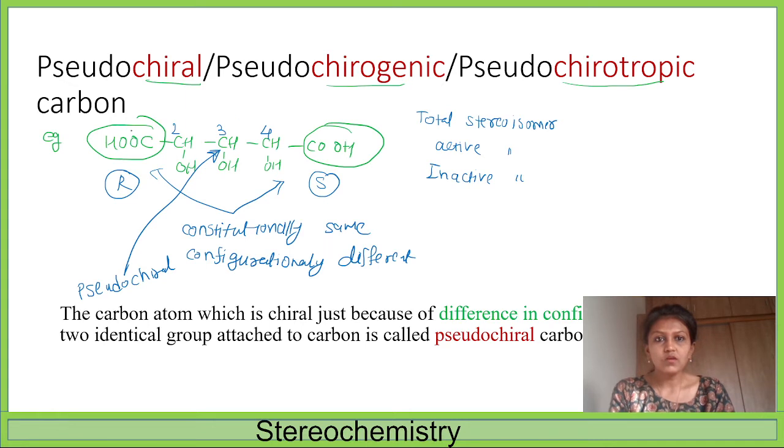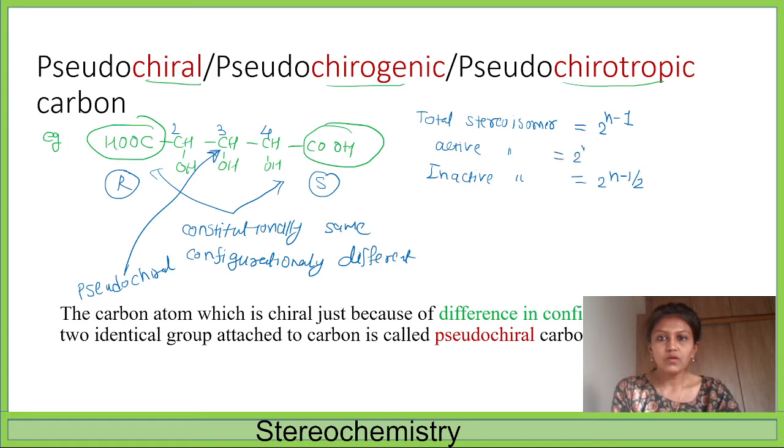So this is the symmetrically substituted molecule with an odd number of chiral centers. So total stereoisomers is 2 raised to n minus 1. Optically active is 2 raised to n minus 1, and optically inactive is 2 raised to n minus 1 divided by 2.